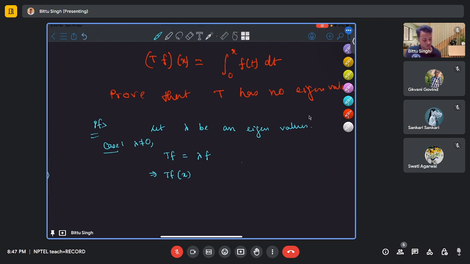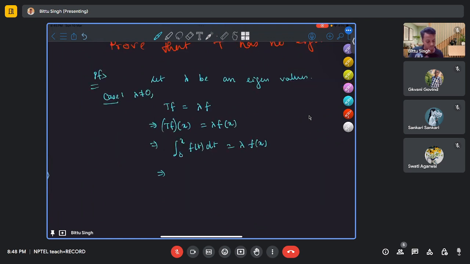This is the same as lambda f times x, but Tf is defined by the integral from 0 to x of f(t) dt. It's the same as lambda f(x). And if you differentiate with respect to x by Leibniz rule, the left hand side is actually f(x), and the right hand side is lambda f dash x.